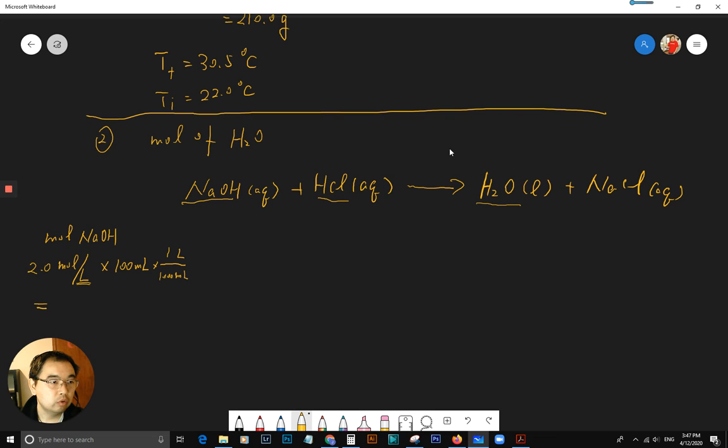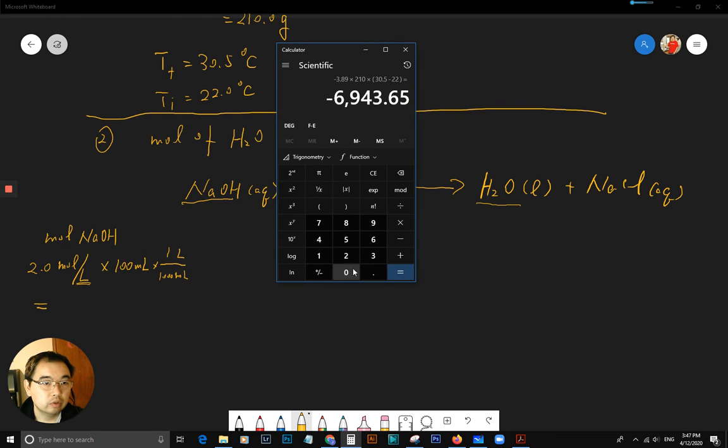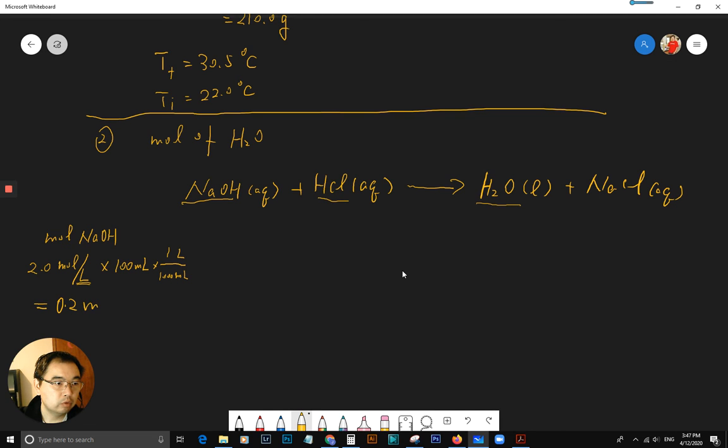So the mole of the sodium hydroxide is 2.0 times 100 divided by 1000. So 0.2 mole of the sodium hydroxide.